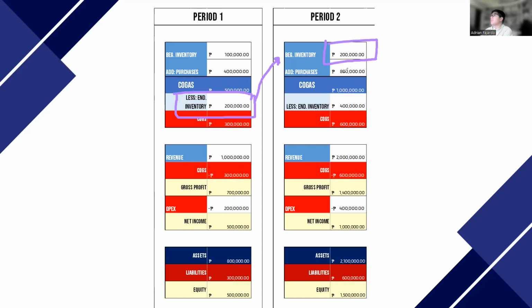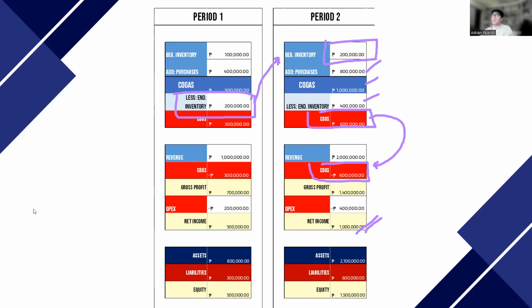And then let's say you have purchases of 800,000, so the cost of goods available became 1 million, less ending inventory of 400,000, you will get your COGS for the second year at 600,000, which you will then use to get your gross profit. If net sales is 2 million, your COGS would be 600,000, so you see your gross profit of 1.4 million. And then let's say the OPEX was 400,000, it will give you your net income of 1 million. And then let's say asset, liabilities, and equity.